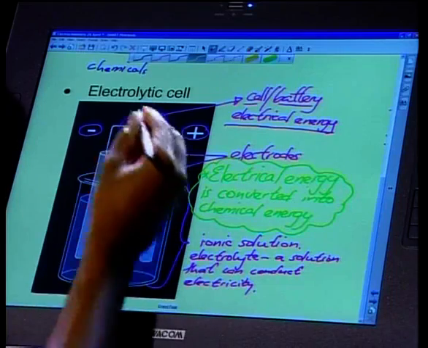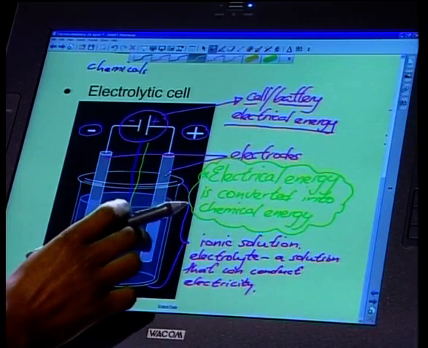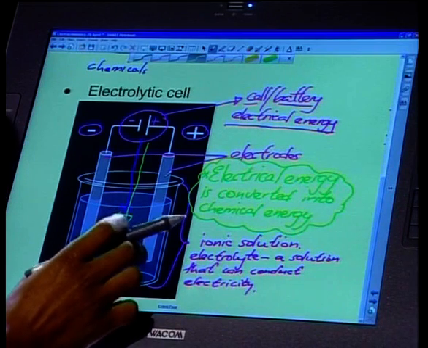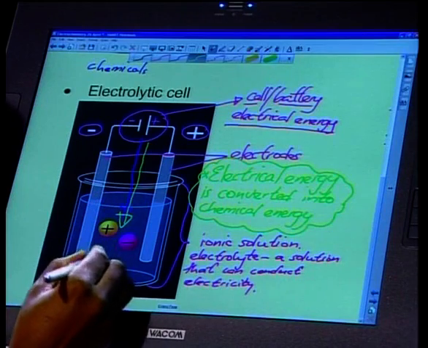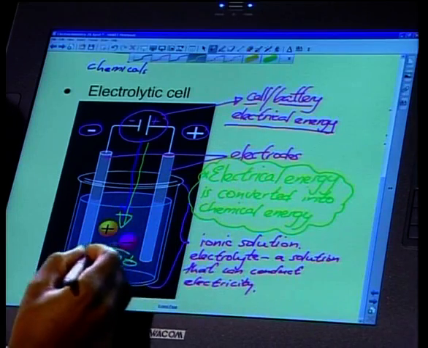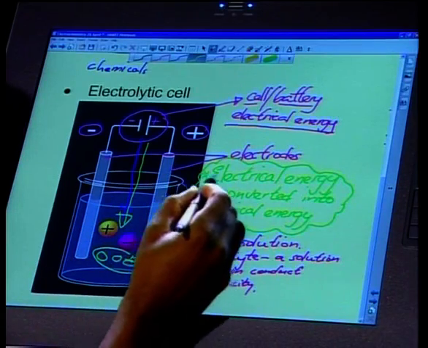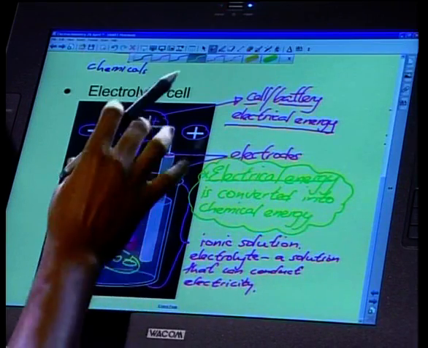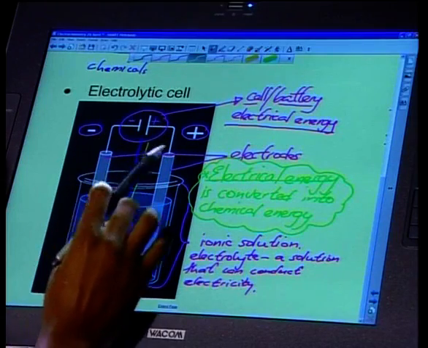And due to this energy that is provided into these chemicals in here, something happens inside here. And this happening is due to the electrical energy pushed into that solution. So the electrical energy does some work there.